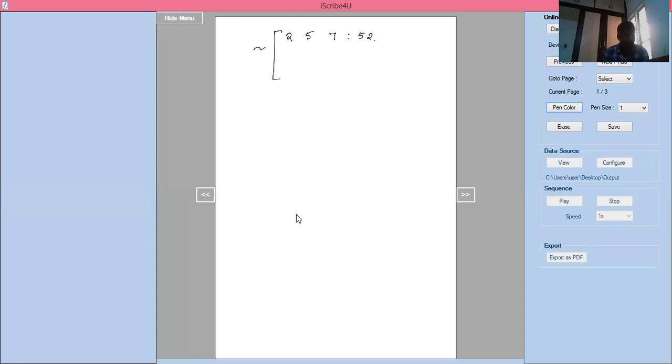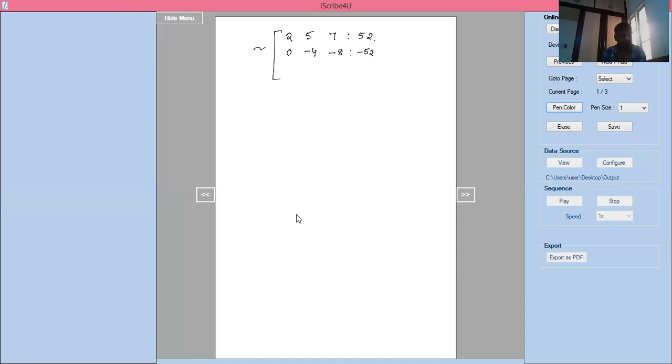Next, in R2 minus R1, 2 minus 2 is 0, 1 minus 5 is minus 4, minus 1 minus 7 is minus 8, 0 minus 52 is minus 52.